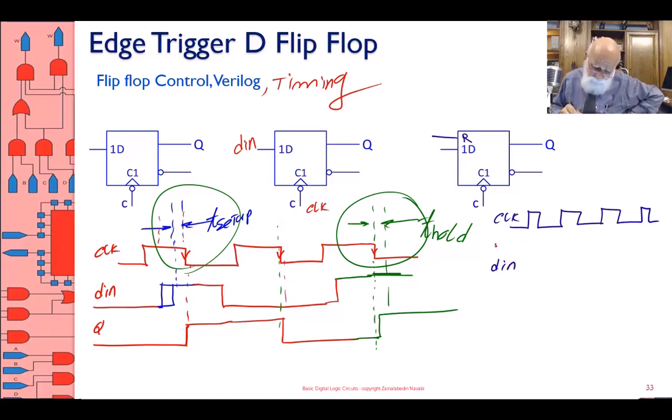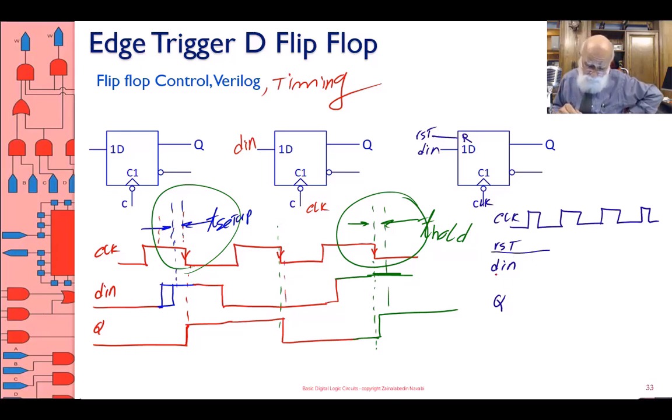Let's say this is reset, this is DN, and this is my clock. And this is my Q. Reset is active low here; active high means it becomes 1, it resets.